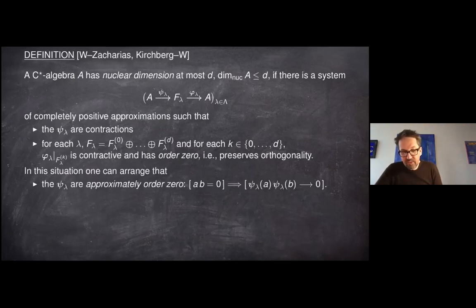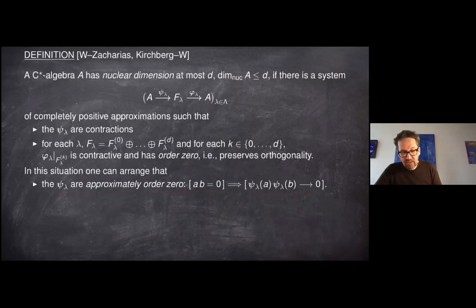It turns out one can arrange, in addition, that the psi lambda are maybe not exactly order 0, but approximately order 0. This means if you have a and b in A with ab equals 0, then psi lambda of a times psi lambda of b at least converges to 0 in the norm of F lambda.